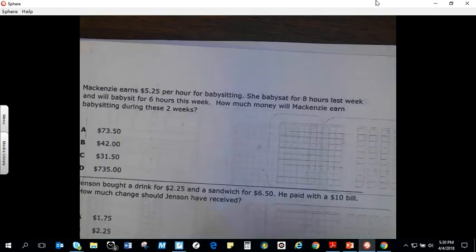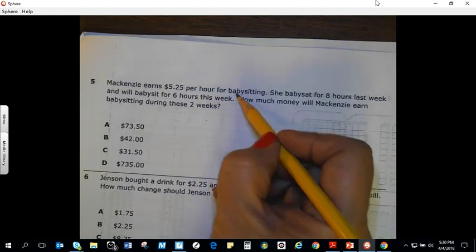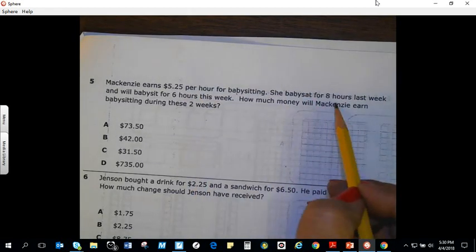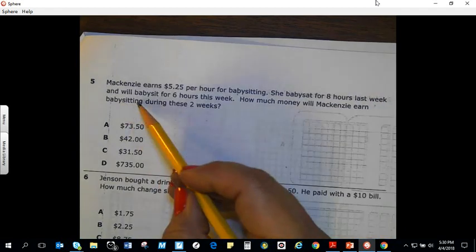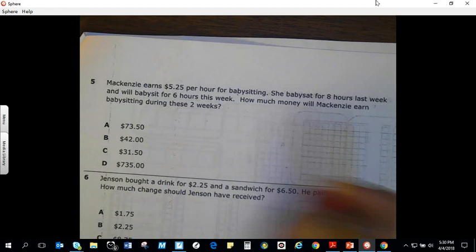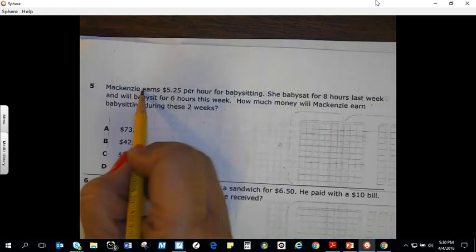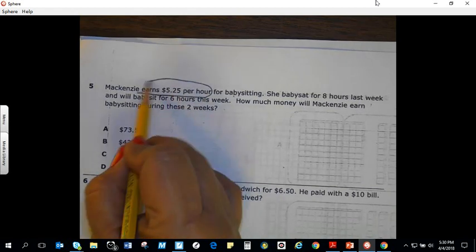All right, let's go on to number 5. Mackenzie earns $5.25 per hour for babysitting. She babysat for 8 hours last week, and then she will babysit for 6 hours this week. So how much money will Mackenzie earn babysitting during the first 2 weeks? Okay, so I know that this is how much she earns per hour.